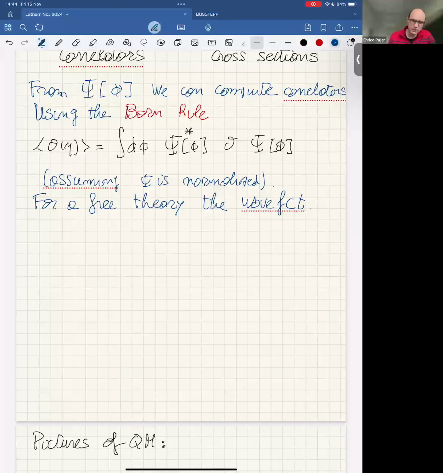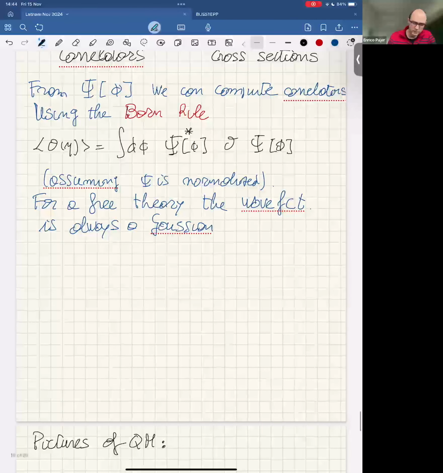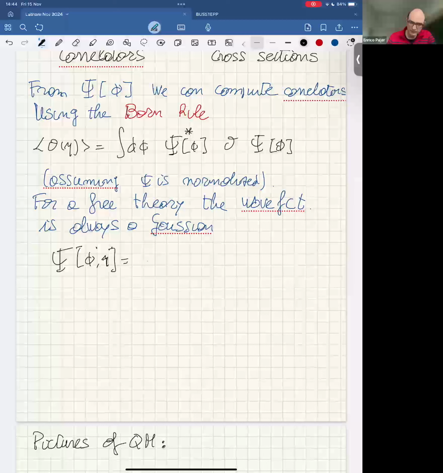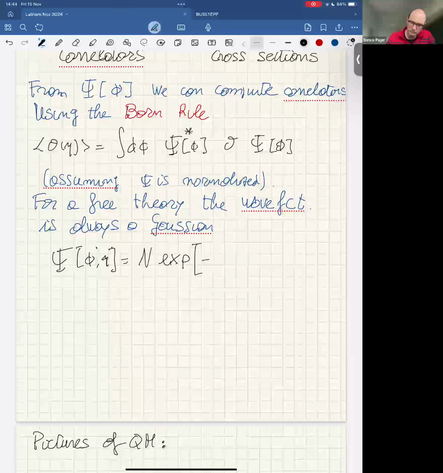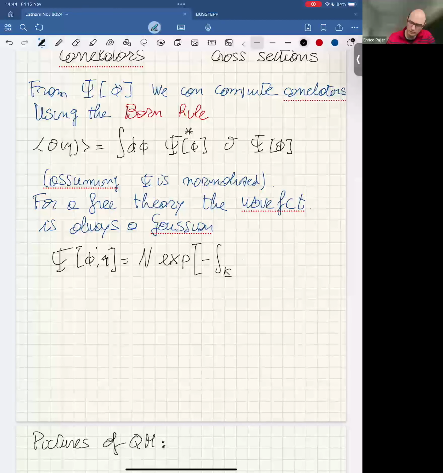that for a free theory, the wave function is always a Gaussian. Meaning for a free theory, I can always write this wave function as some normalization constant that I will drop, and the exponential of minus the integral over all possible k, of some arbitrary function of k and t that I don't know, times phi of k mod squared.